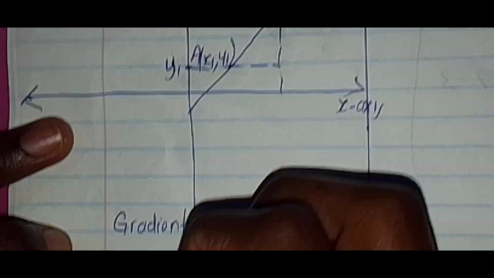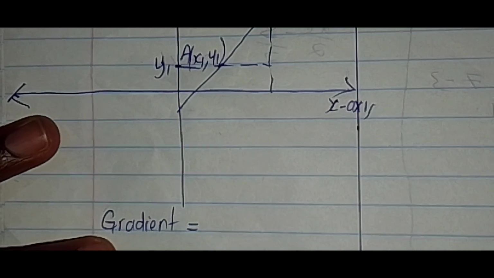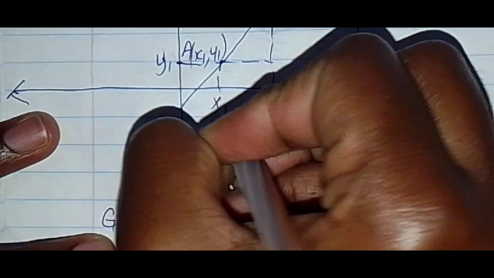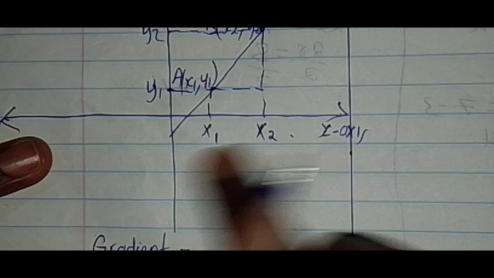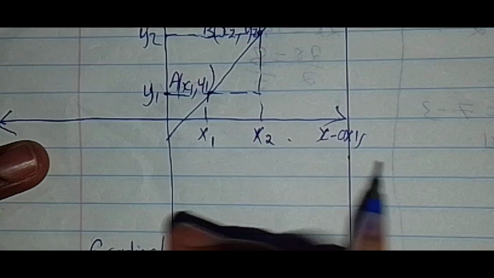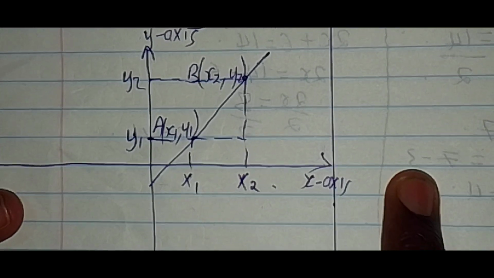So finding the gradient in this case, remember, the gradient is vertical distance over the horizontal distance.